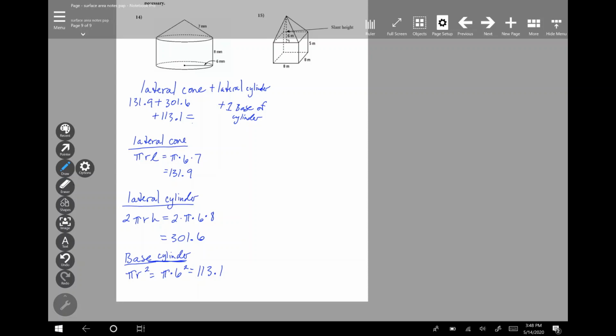And so we will get 546.6 millimeters squared. And that would be our total surface area for this cone sitting on top of the cylinder.